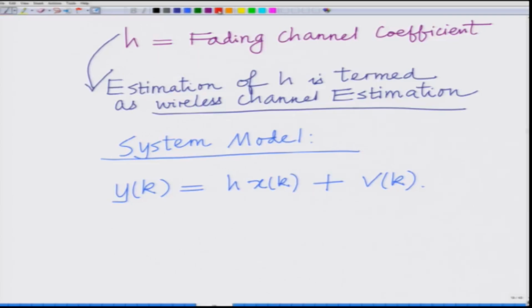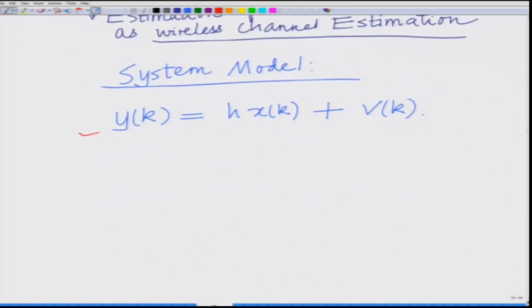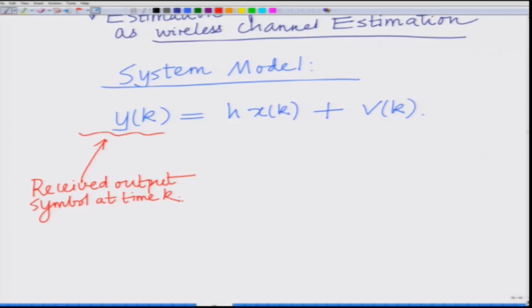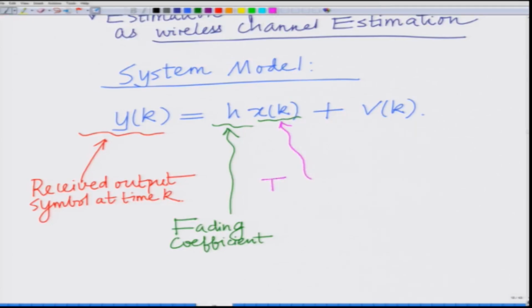Yk is the received output symbol at time instant k, H is the fading coefficient, and xk is the transmitted pilot symbol at time instant k.